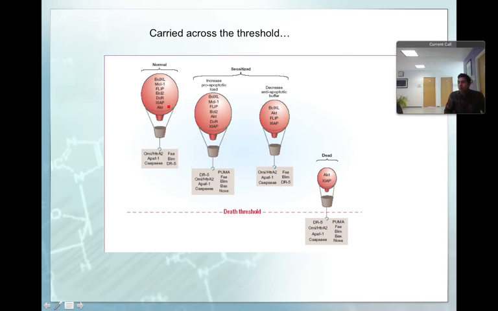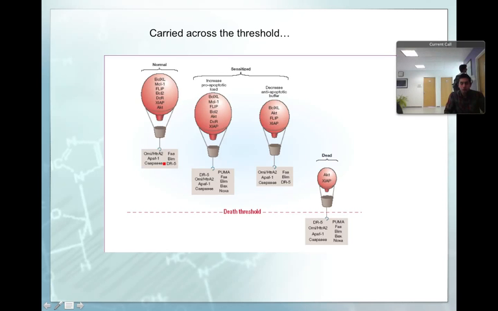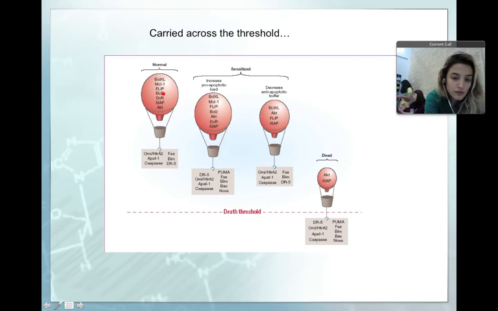The cell is essentially saying, well, in a normal situation, I have signals that are keeping me afloat, alive. And there's probably always some signals that are causing this same cell to want to die, but they balance out, right? All of the death signals are able to be intercepted by the life signals.